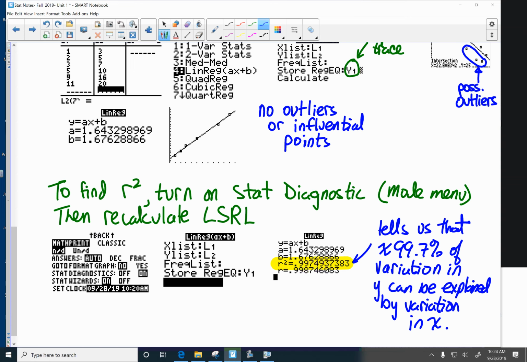All right. So that's the example that I was talking about before with the height and weight.